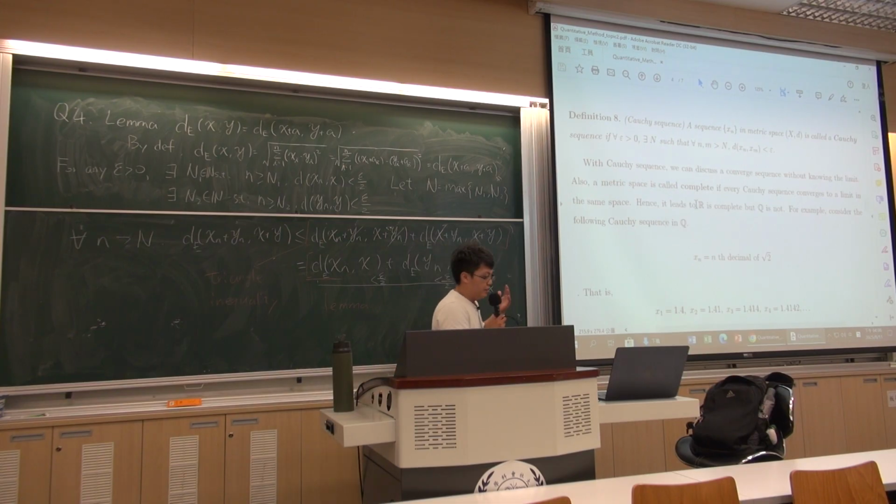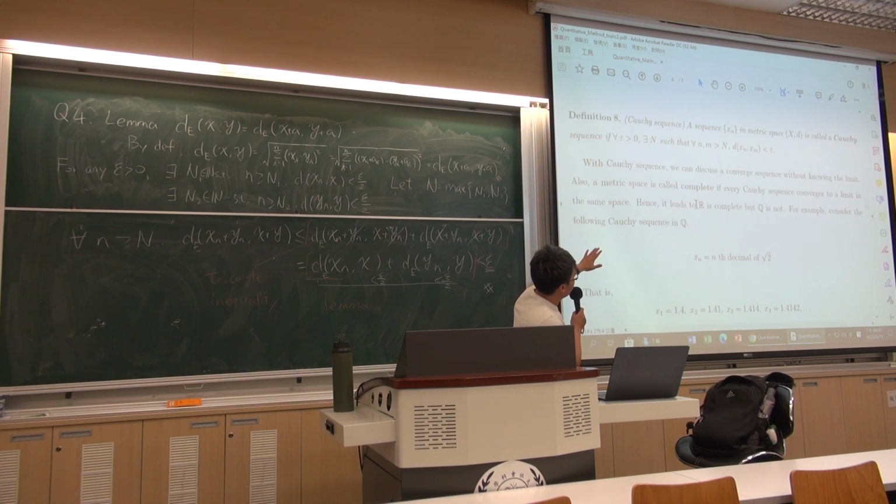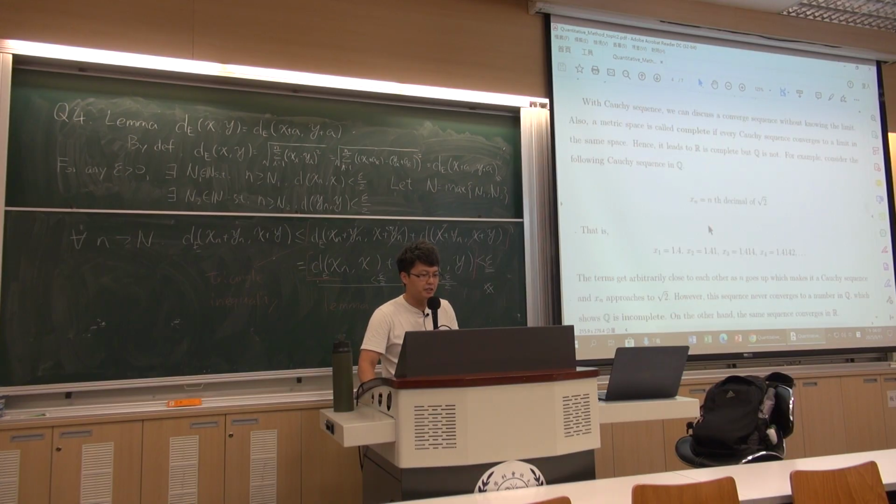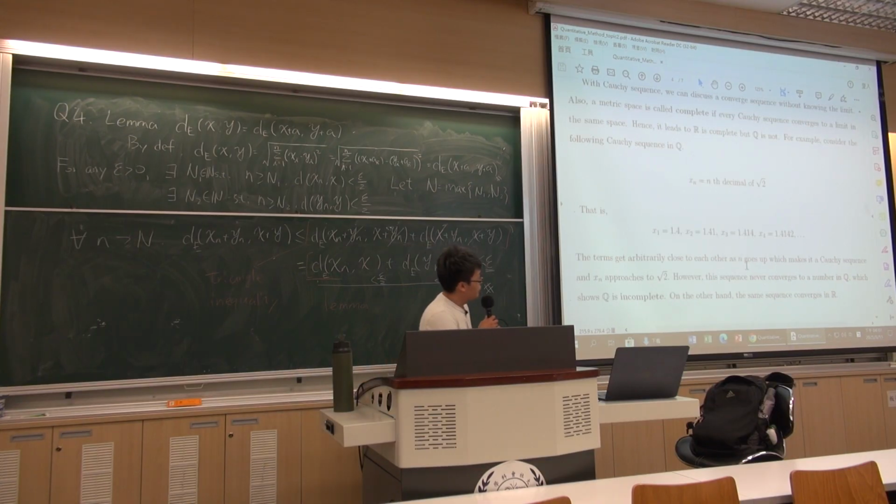And in a metric space, when every Cauchy sequence converges to a limit in the same space, we call that metric space complete. And apparently, the rational numbers are not complete, as we can show in an example with square root of 2.